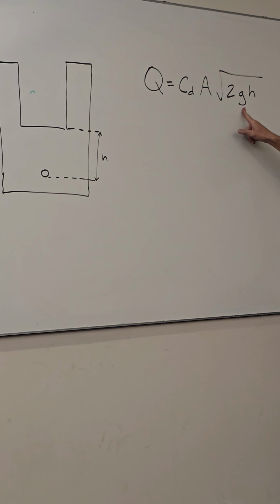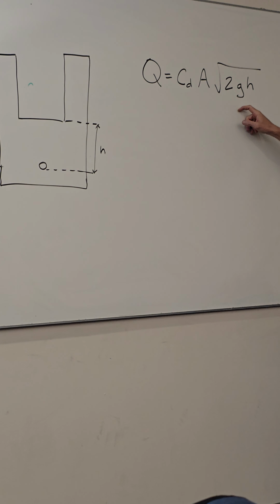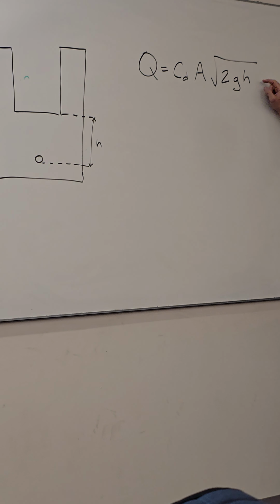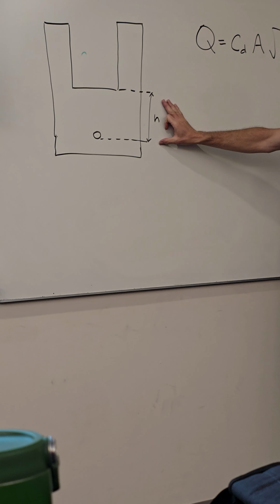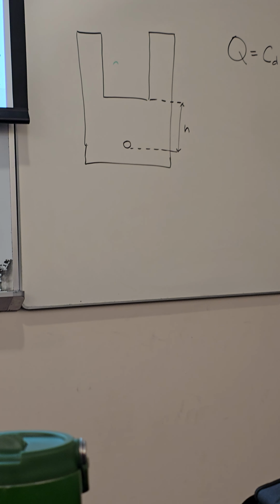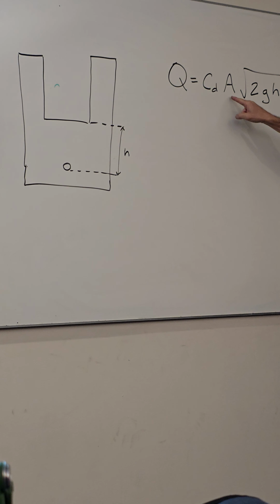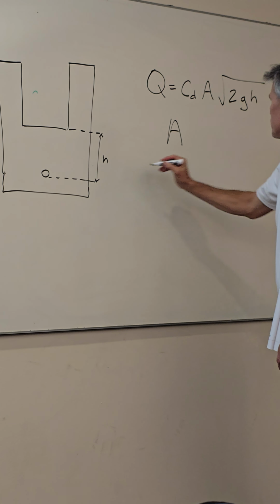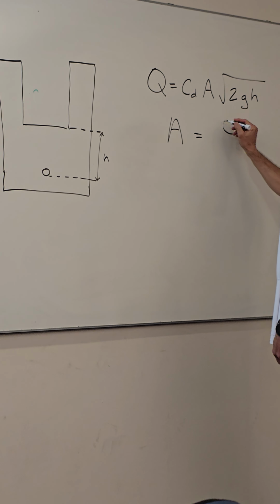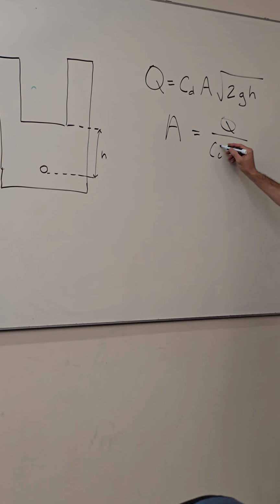G is just the acceleration, or 32 feet per second squared, and h is the head. That's the head on the orifice, okay? So we want to be able to solve this for A, right? So A is the area of the orifice. That's what we want to try to figure out. So that's just Q.